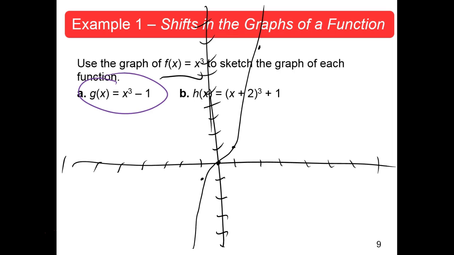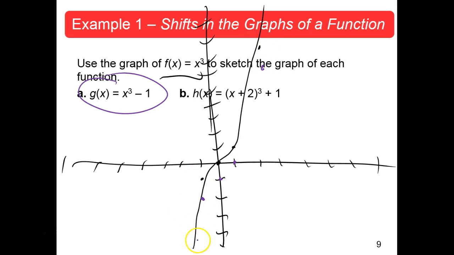How could I graph that? I could plot points again, or what else could I do? Your parent function. Go down 1. So this one goes down to here, this one goes down to there, this one goes down to there, this one goes down to there.